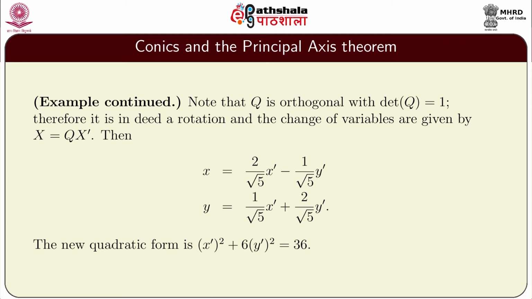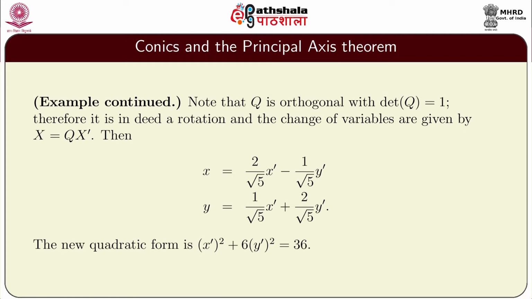Therefore, it is indeed a rotation of the plane R2, and the change of variables is given by x = Qx'. If we write it explicitly, then x = (2/√5)x' - (1/√5)y', and y = (1/√5)x' + (2/√5)y'.